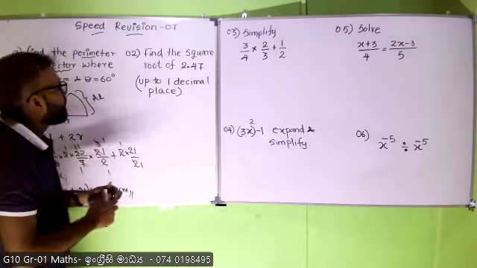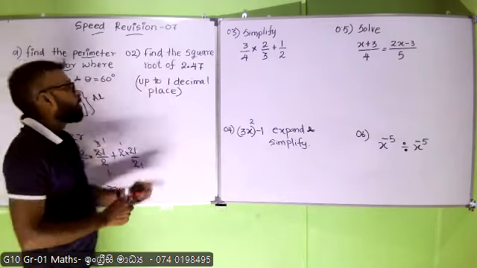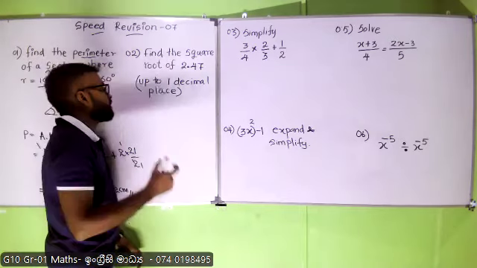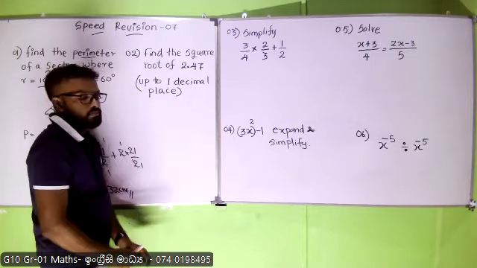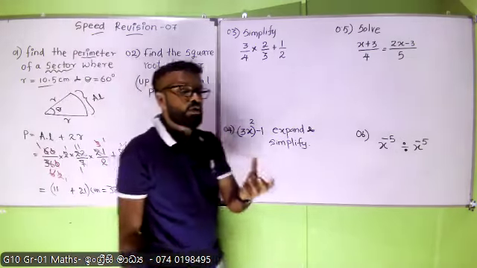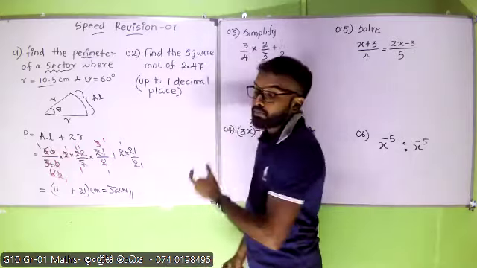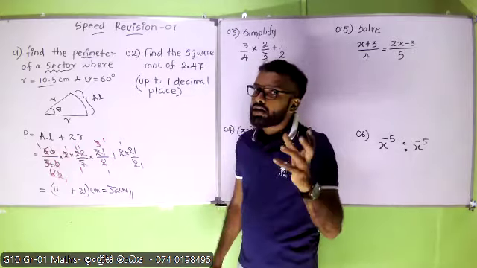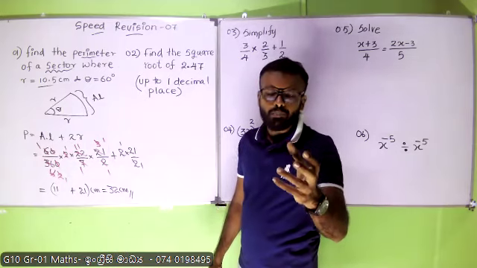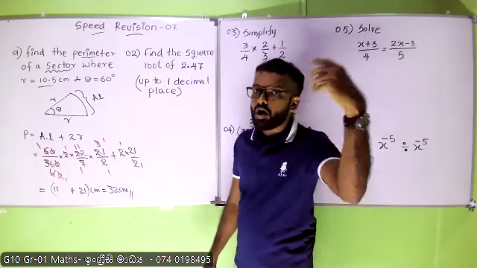Okay. So here, find the square root of 2.47, which is a decimal number, up to one decimal place. Most importantly, you might use the division method for this one. If they are asking especially for the approximation method, you have to use it.